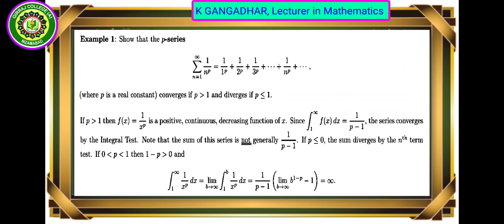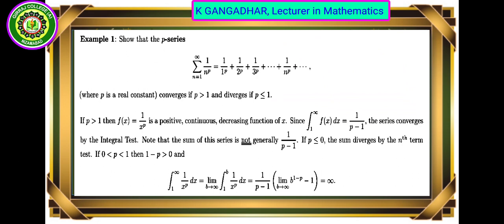So here p is positive, then 1 by x to the power p is also positive. 1 by x to the power p is a continuous decreasing function, and the integral from 1 to infinity of f(x) dx has value 1 by p minus 1.